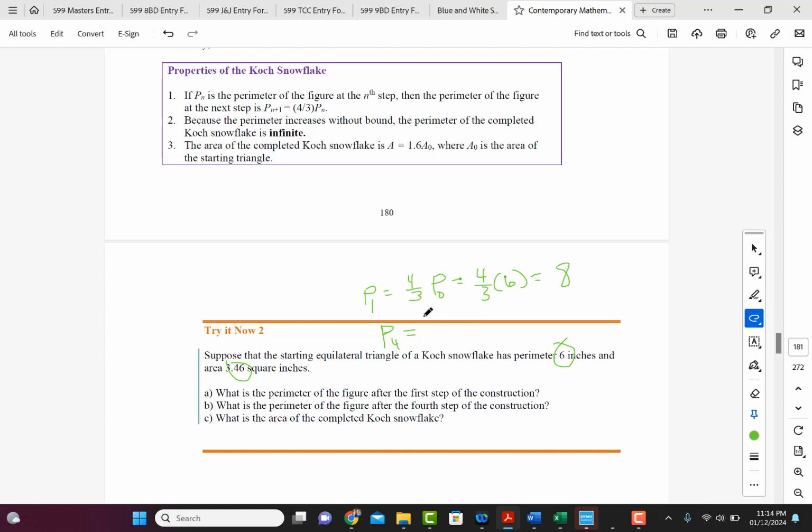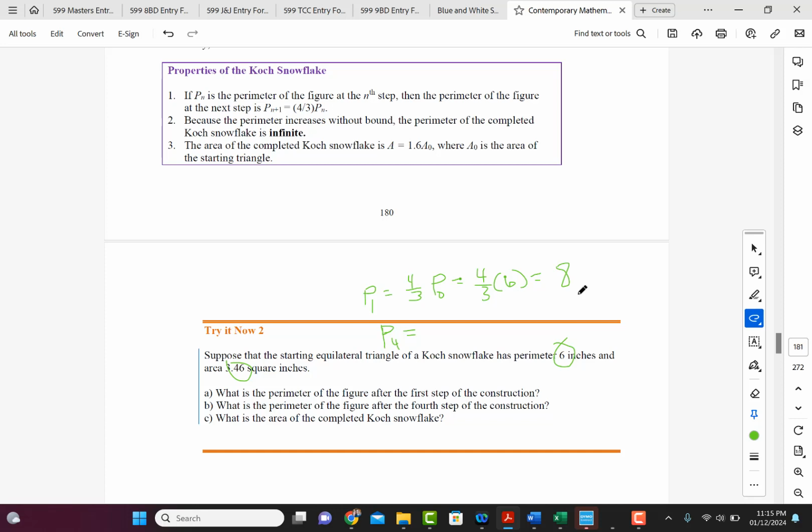So let's do, oh wait, hold on a second. No, I'm sorry. I miscalculated. So let's do it again. So P1 is 8. P2 is 32/3.